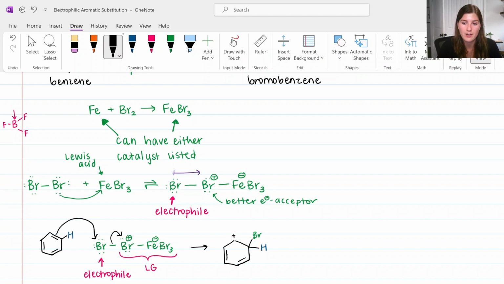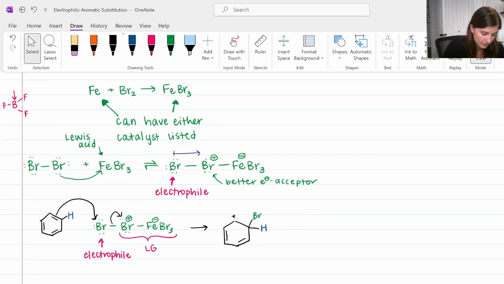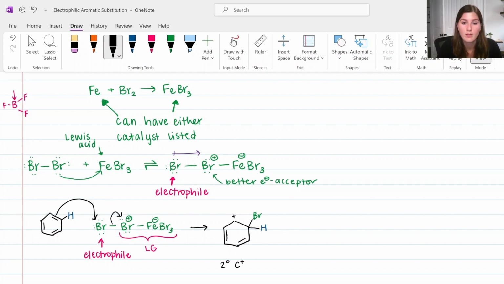So we open the shell of that carbon. So in this step, we form a secondary carbocation, which we know is a relatively unstable carbocation, but in this case, this carbocation is stabilized by resonance.